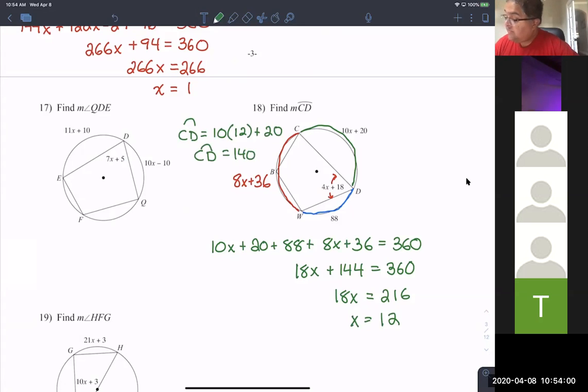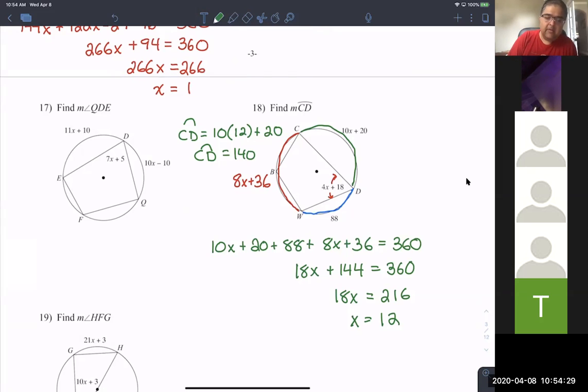Any questions? So does everyone feel that they can do well on the inscribed angle quiz? Yes, sir. Okay, so a couple of things to remember. Take home points. Number one, inscribed angle and the intercepted arc, they have a relationship. The arc is double the angle, or another way of saying that is that the angle is half the arc.